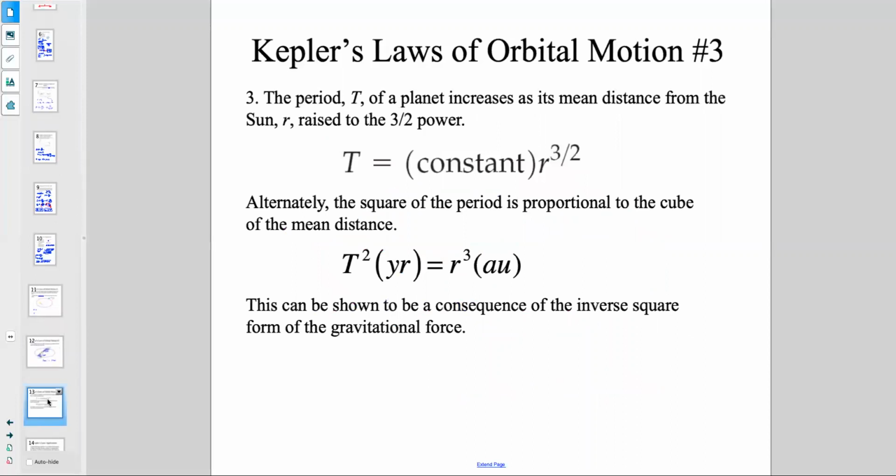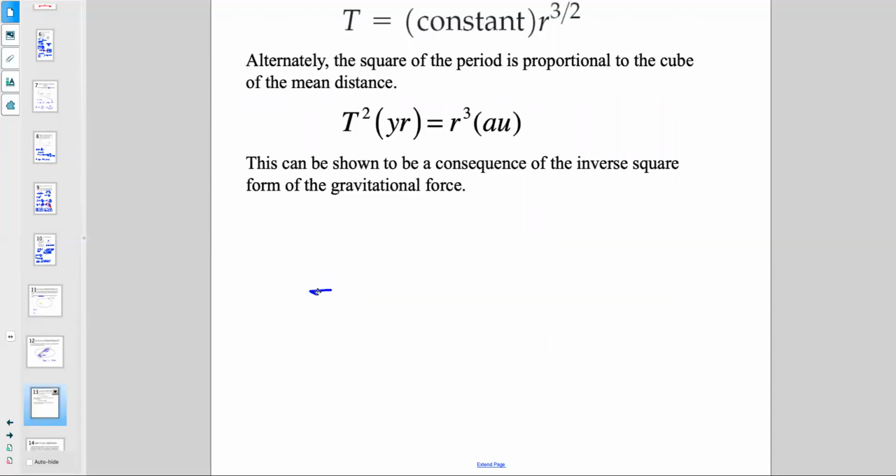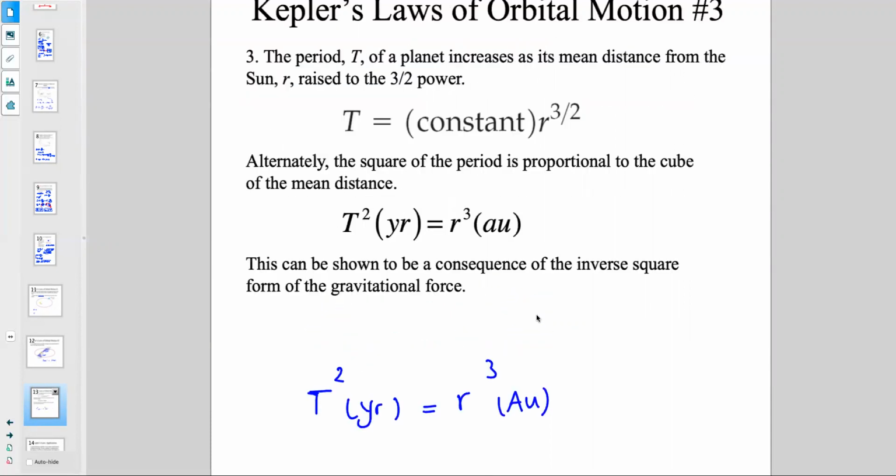The third law says that the period of a planet increases with its mean distance from the sun raised to the 3/2 power. In other words, T squared in years should be equal to r cubed in AU, or should be proportional to it.